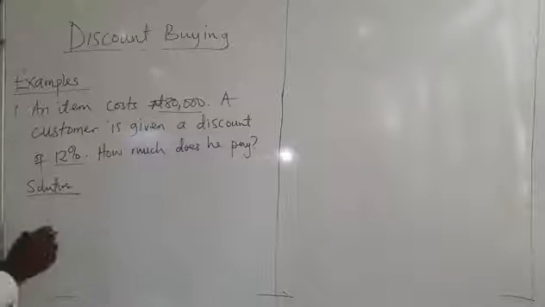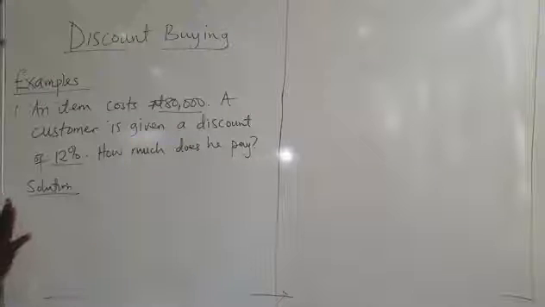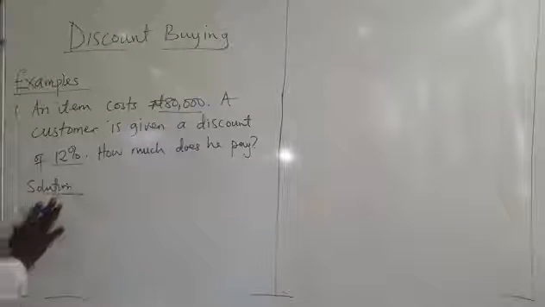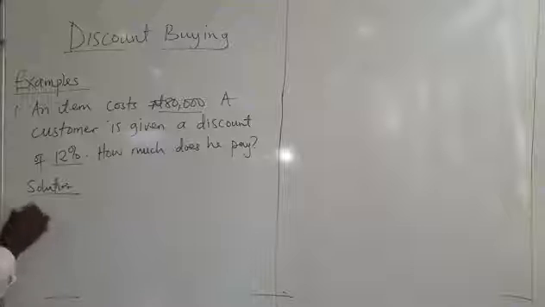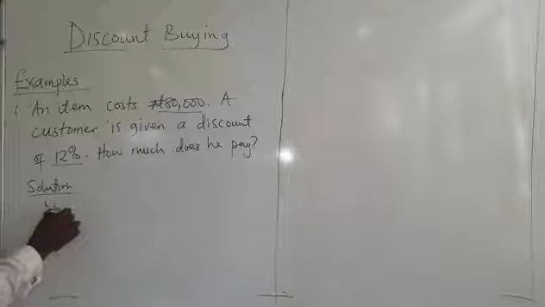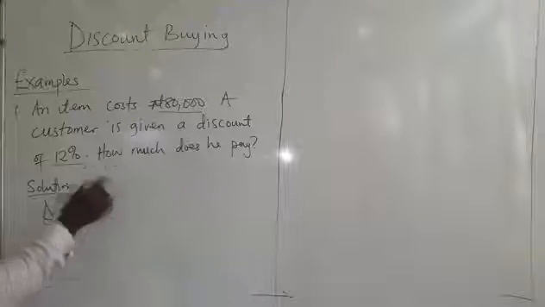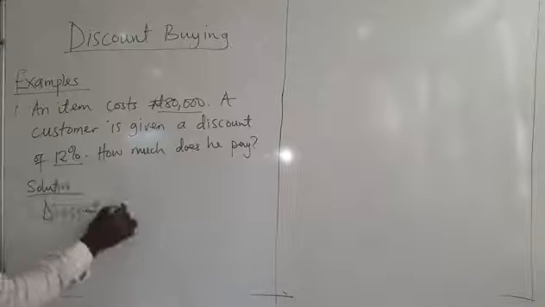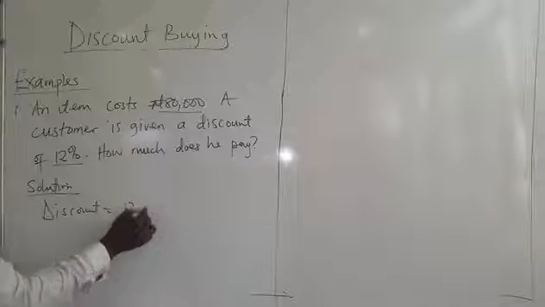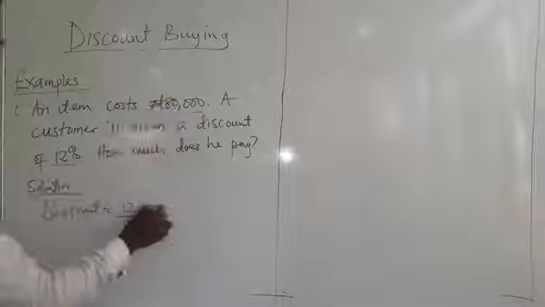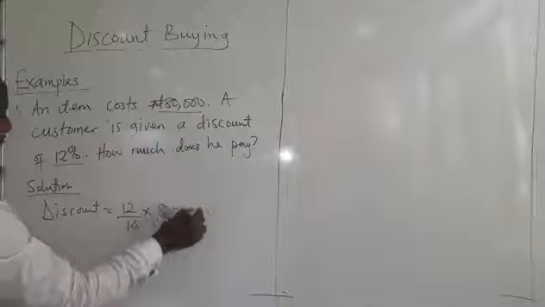There are two ways to do this. The first method is to calculate the discount. The discount, which is 12%, is 12 divided by 100 multiplied by the original price, which is 80,000 naira.